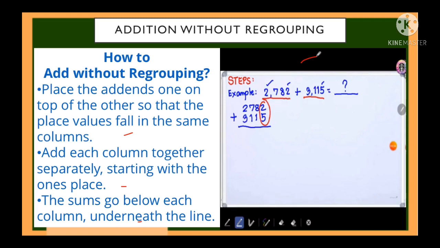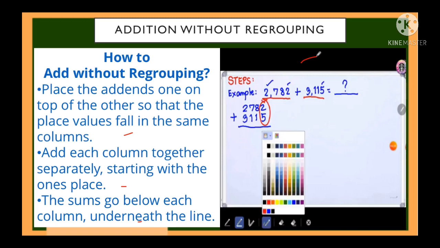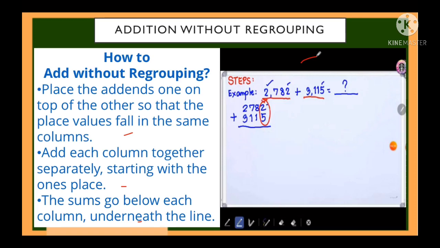Remember the ones place. So what will be 2 plus 5? Yes, it's 7. So just put here 7 below them.